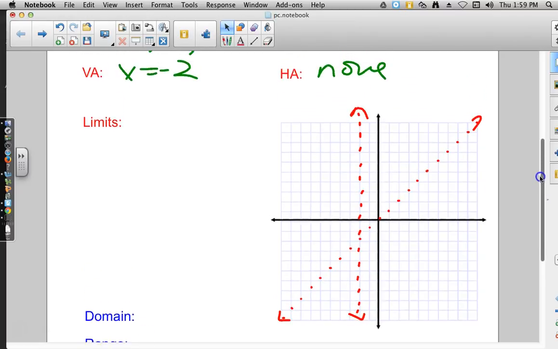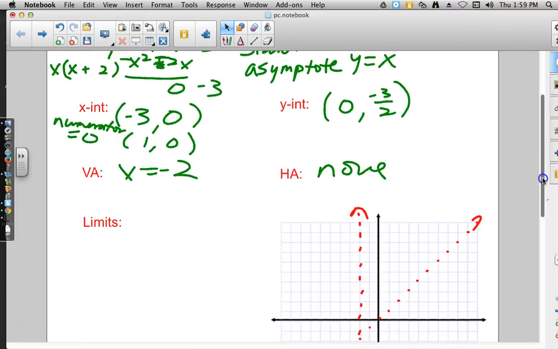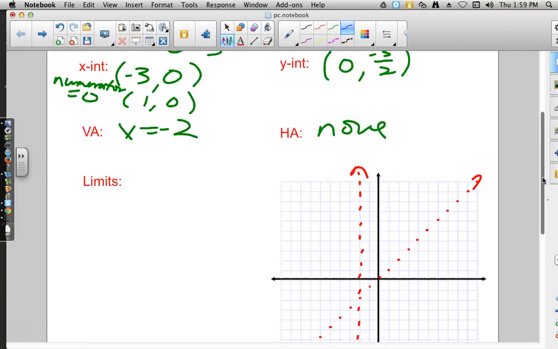All right, now let's get our points on there. We had x-intercepts at (-3, 0) and (1, 0). And we had a y-intercept at (0, -3/2). All right, so now what?